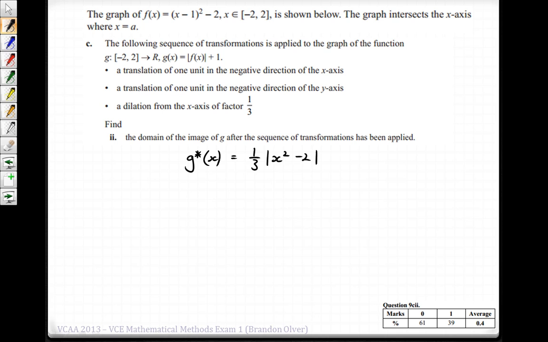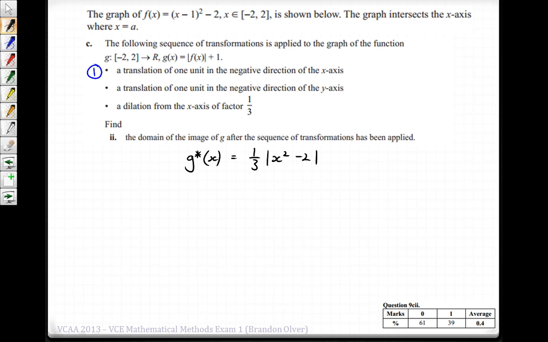The domain has only been affected by the first translation, and we said it was blue before. Number 1 was the only one that affected the translation in terms of the x-axis, which adjusts the domain. And that one said we moved it 1 unit in the negative direction of the x-axis.